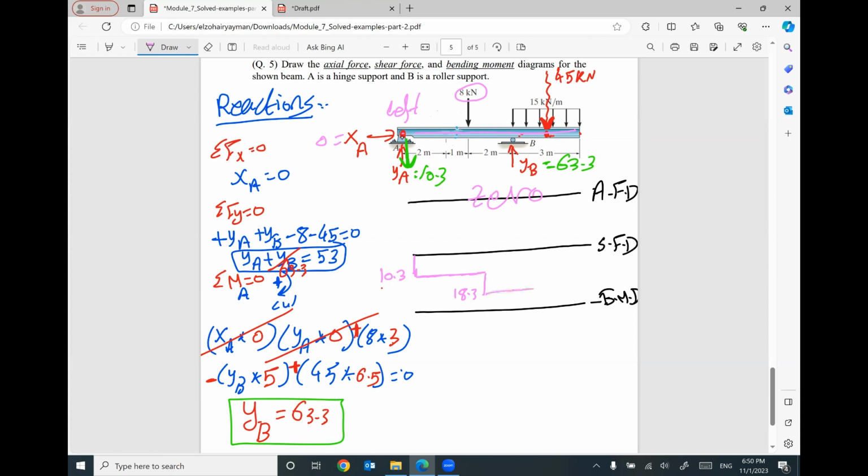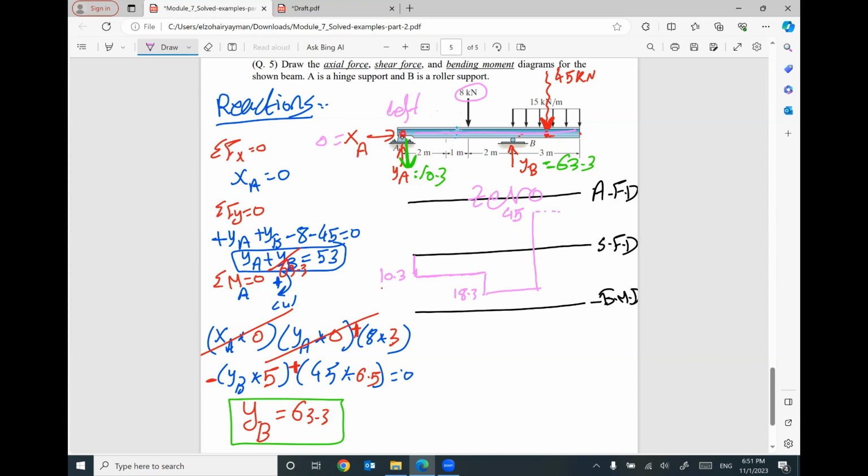Then move forward until you reach YB. I will go up, YB equal 63.3. You are down at 18.3, so I'm going to reach 45. Then I'm going to move forward. But right now, you started to enter inside the distributed load. So I will work normally, but I'm going to move with a dotted line.